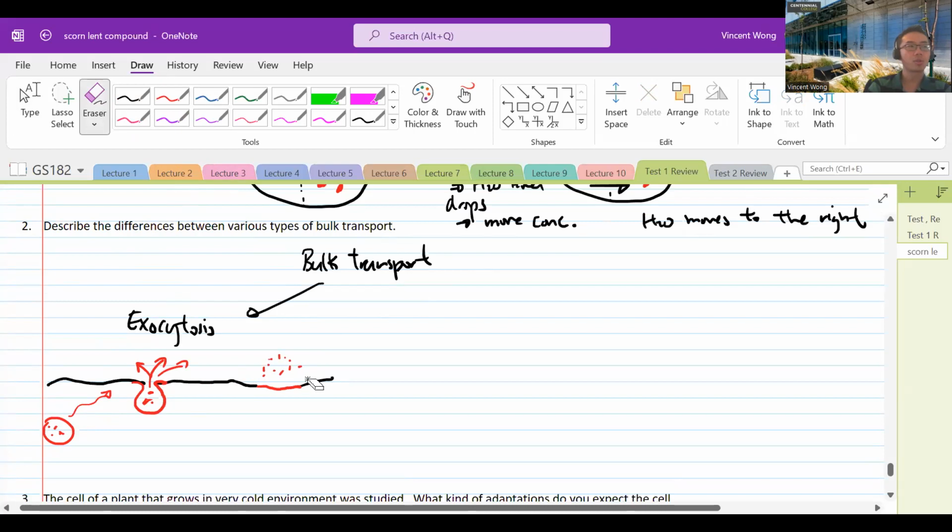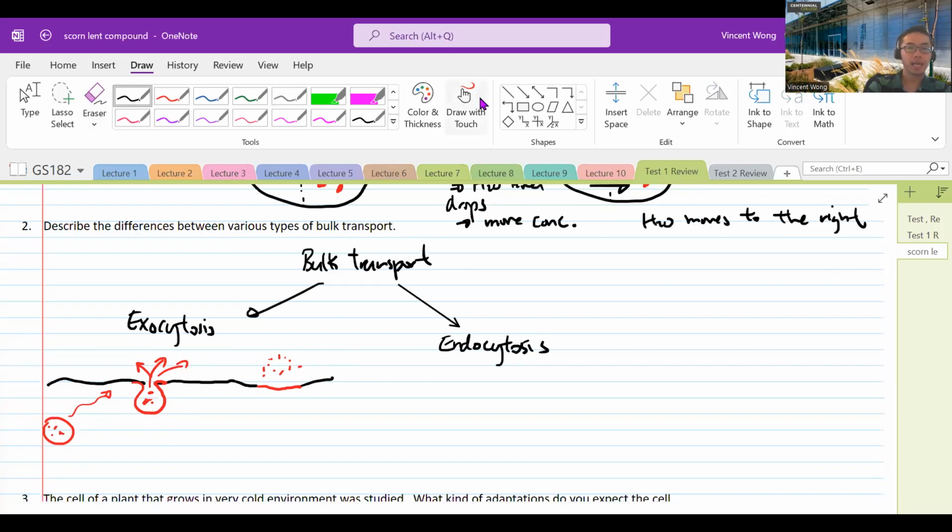And so that's exocytosis. The opposite of that is endocytosis, which basically is this thing, but reversed. You're going to have some stuff you want to bring in, it's going to cave in on the membrane and it becomes a vesicle like that. And there are 3 different types of endocytosis that we talked about.